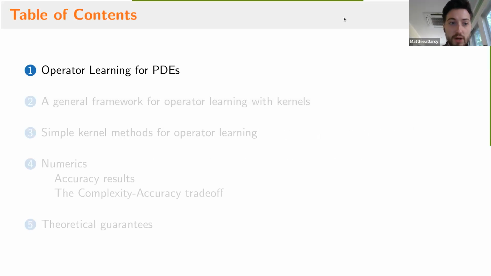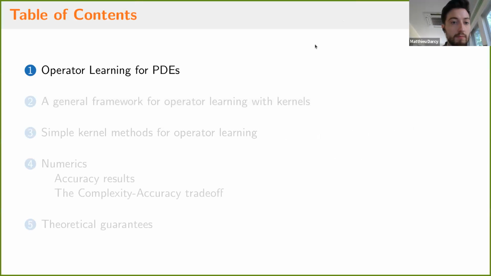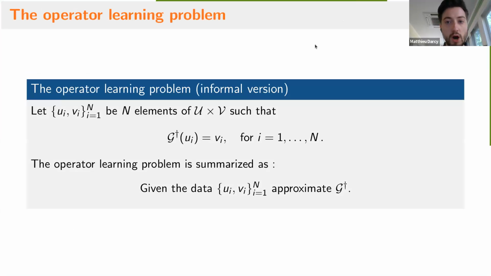The focus of this talk will be operator learning in the context of PDEs. So what is operator learning at a high level? The operator learning problem can be formulated as follows. You have n samples, ui and vi, from spaces u and v, and some operator that maps ui to vi.